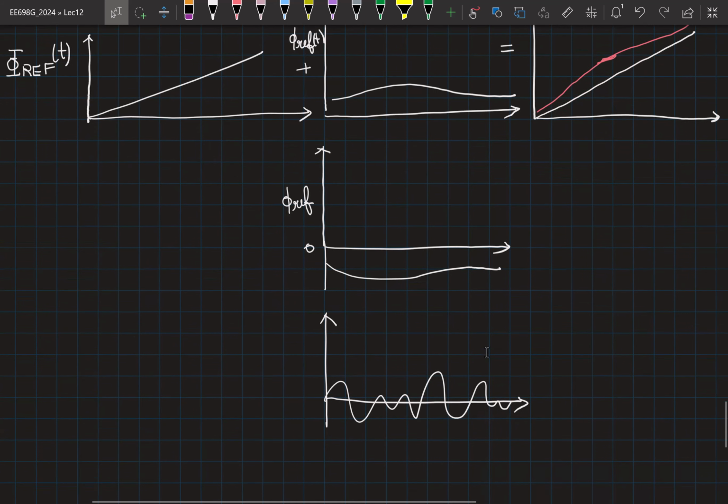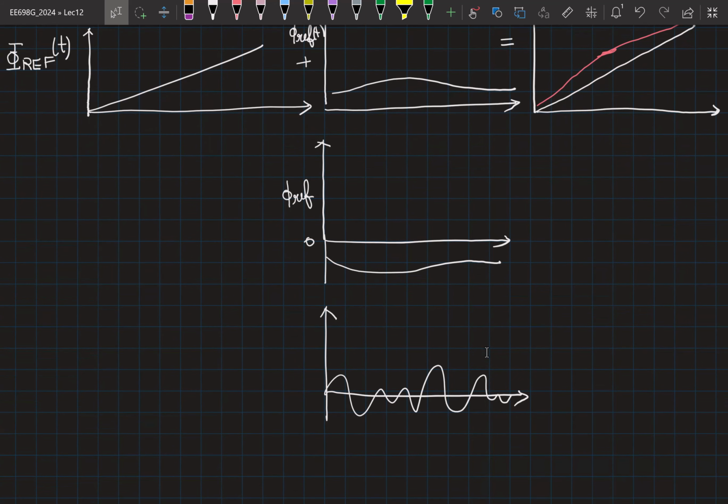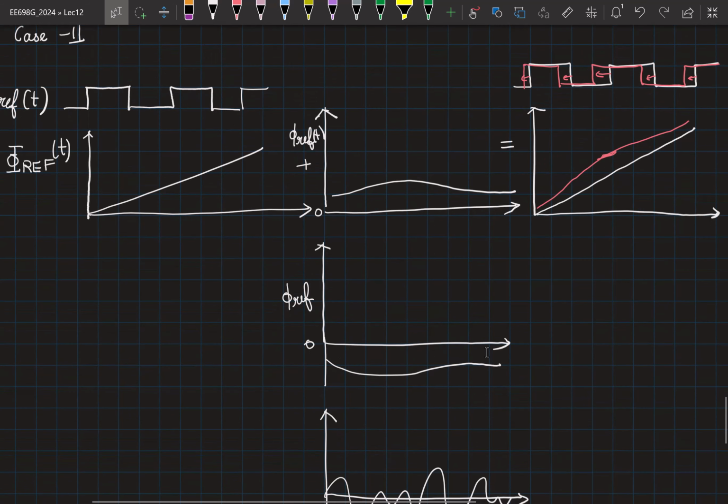When the small signal phase was above the x-axis, the modified phase is always higher. Correct. So the small signal phase, this is some delta phi, and at all instants this delta phi is greater than 0. So I have to sum up both. If delta phi was 0, you would have been here on this line, so that plus this new curve.